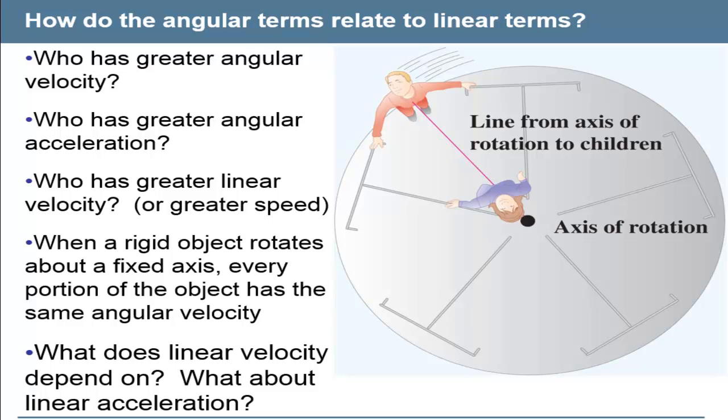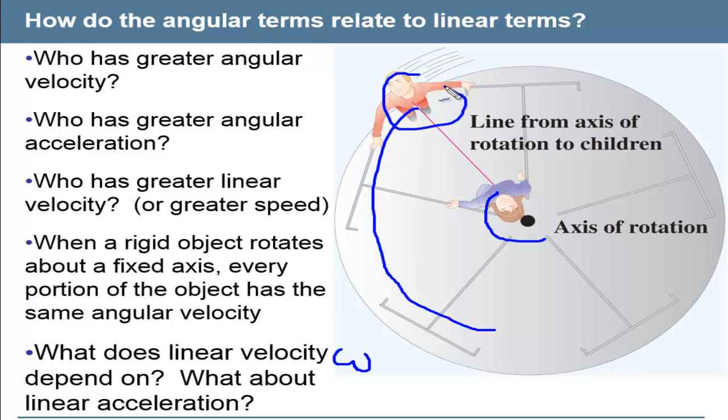If it's not rotating at all, then they have no linear velocity. So there must be some rotation. So it must depend on omega. The linear velocity must depend on how quickly it's rotating through some angle, right? But also we said that the guy up here has a larger linear velocity than she does, right? Because he moves a farther distance than she does.